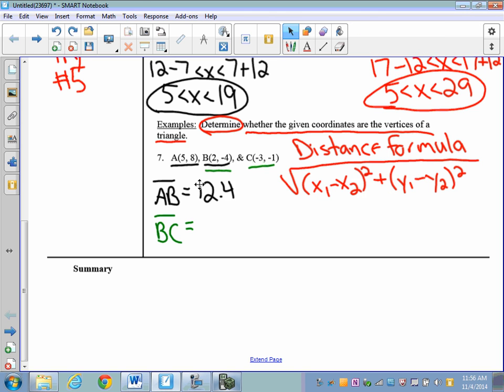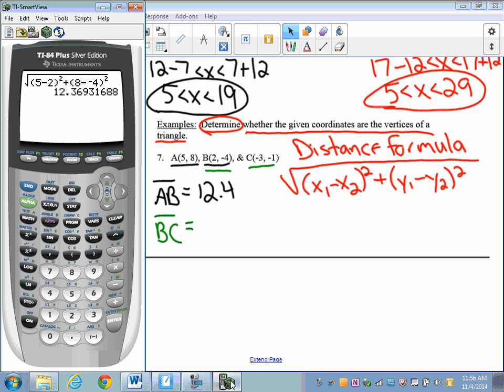I also want to find length BC. So to find length BC, I use the distance formula again. 2 minus negative 3 squared plus negative 4 minus negative 1 squared. And I get 5.8.